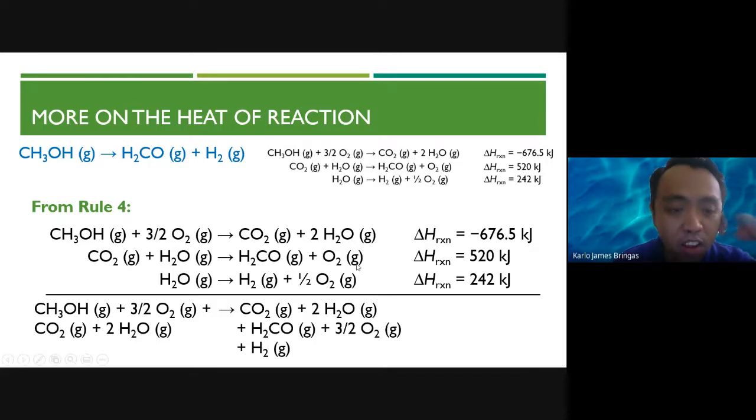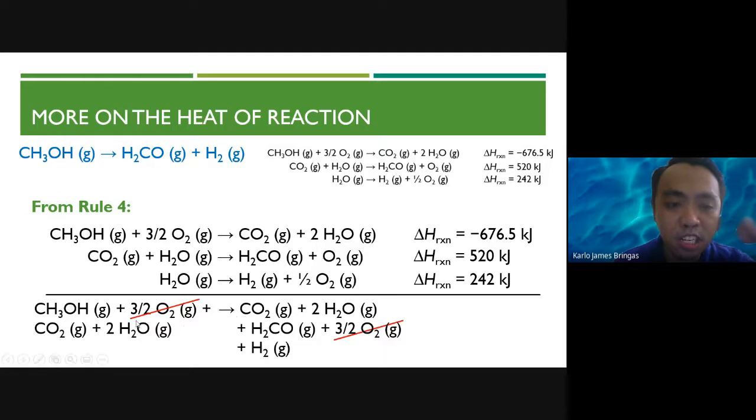Now in here, we can still simplify this one further because if you notice carefully, you have, for instance, 2 water na gas in the reactant side ng sum. And on the product side, meron ka ring two water na gas as well. So these two waters can actually cancel out one another. So what's gonna happen is the following.